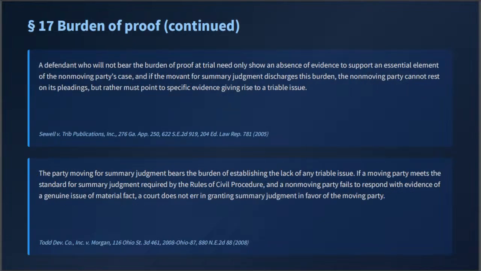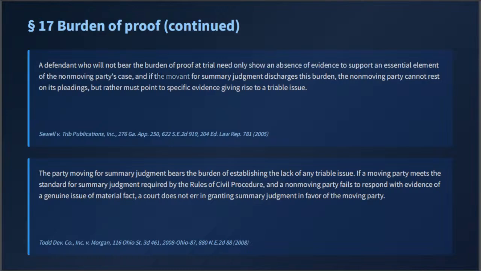And we're on to another one here with Sewell versus Tribe Publications Incorporated. This is in Georgia, 2005. A defendant who will not bear the burden of proof at trial need only show an absence of evidence to support an essential element of the non-moving party's case.